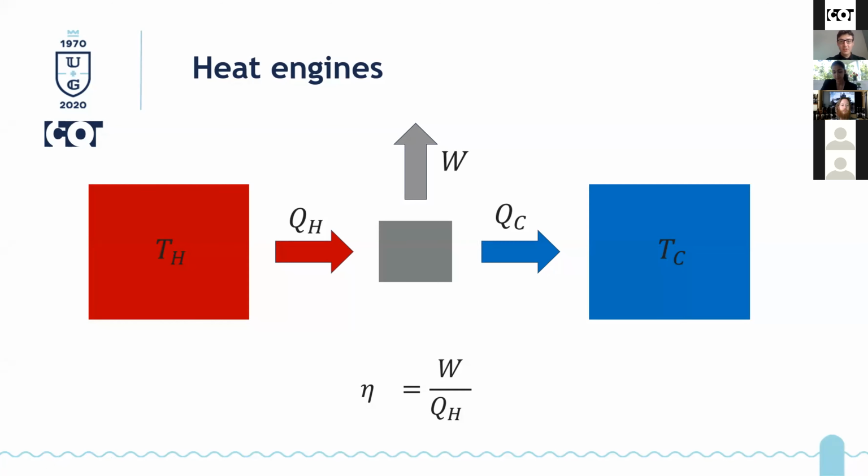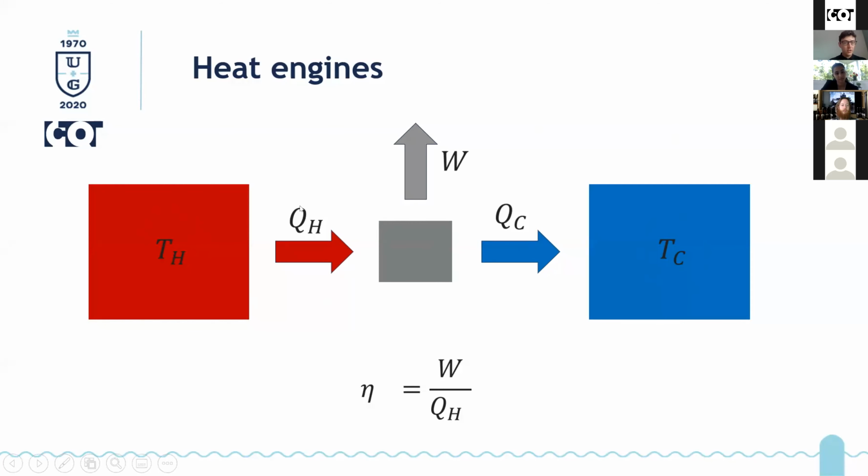So this is the general scheme of a heat engine that you probably are familiar with. Even if you are not working in thermodynamics, you surely remember it from primary school. The idea is that you have a working body in the middle, and you have two thermal baths, with higher temperature TH and with lower temperature TC.